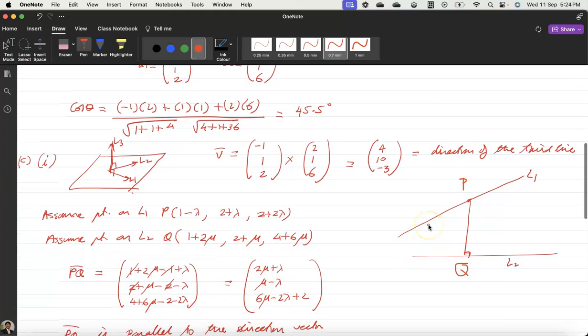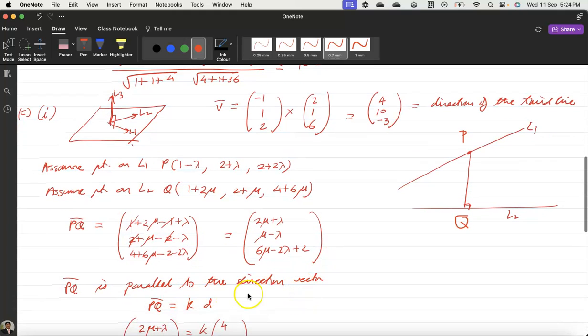Now this part is very important. This vector PQ should be parallel to the direction vector. So there are lines in space. You have L2, L1 and you have the direction vector of the third line. Because it's intersecting both of them, it will intersect both of them only if your points P and Q are such that PQ is parallel to this.